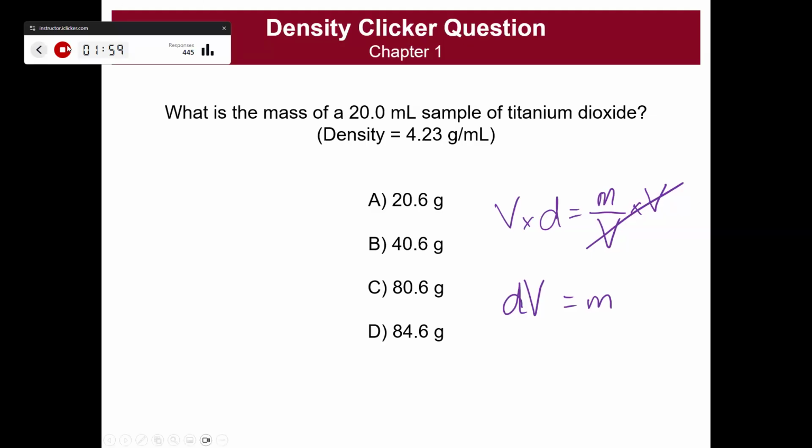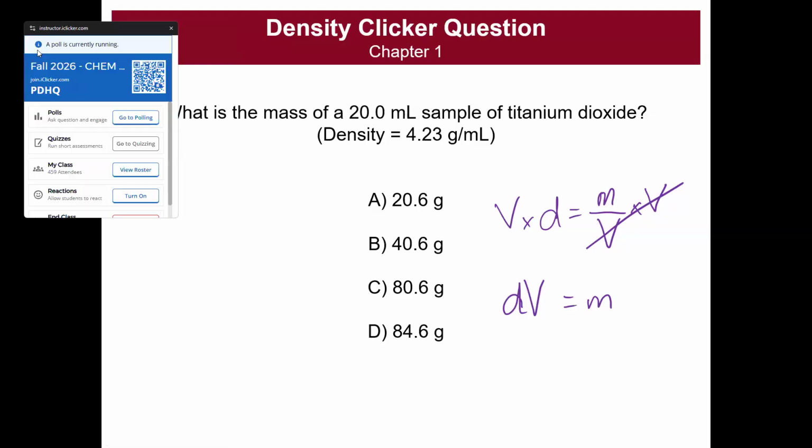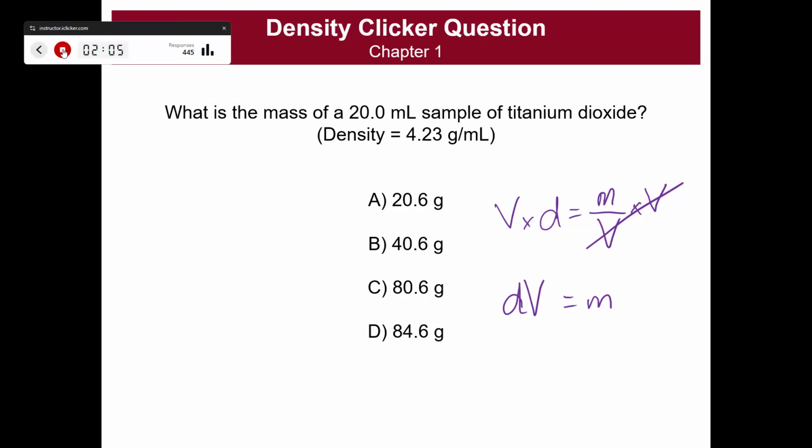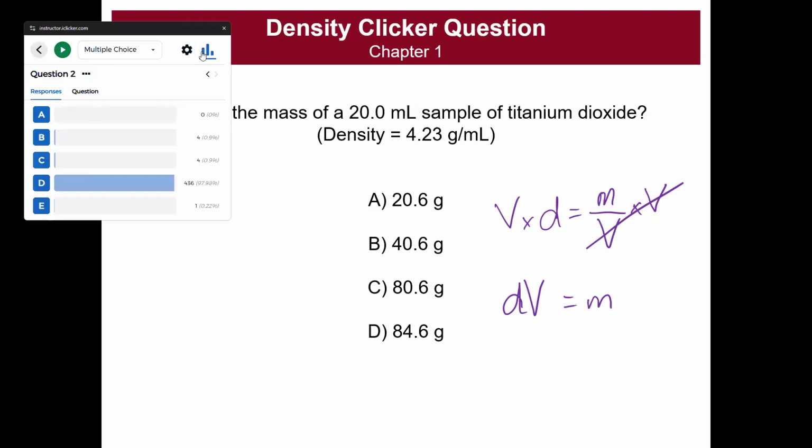Blast off. Oh, okay. Wrong button. There we go. And what'd we say? Okay, so almost everyone said D. Somebody pressed E by accident. Spoiler alert, I'm almost never going to have E's. But doesn't count this week, so have at it.